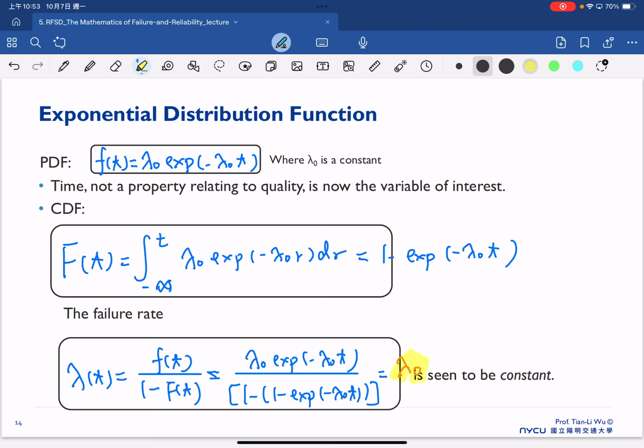So why is the exponential distribution function so attractive for us? Because in the end, the failure rate is a constant. So if in the future you consider the failure rate of your product to be a constant value over time, you can start to employ this exponential distribution function.